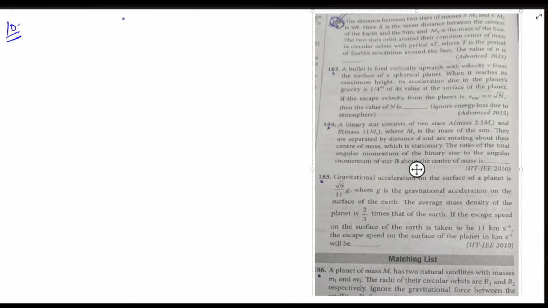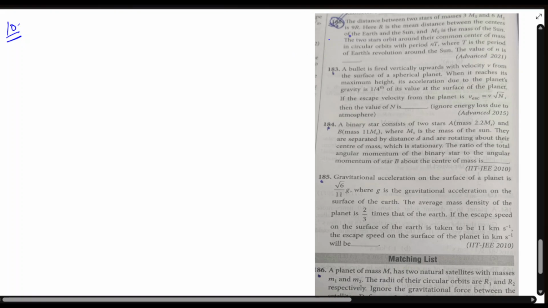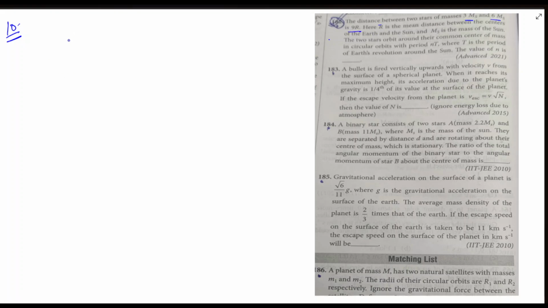Right. So in the 13th question, we have the distance between two stars, 3M and 6M, is 9R. So this is a star, its mass is 3Ms. This is a second star, its mass is 6Ms. And the distance between them is 9R.